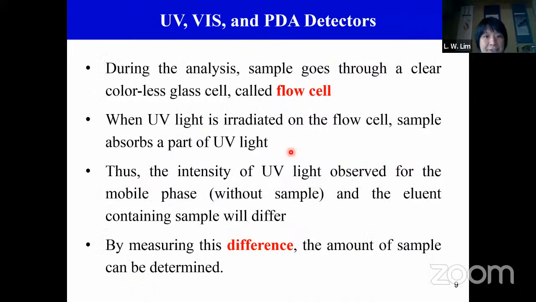During the analysis, the samples will go through a clear, colorless glass cell, which we call the flow cell. The flow cell is actually very important in the detector. It has to be colorless and totally transparent.